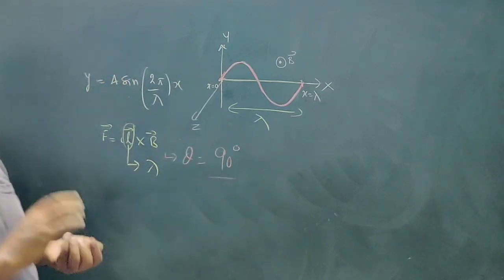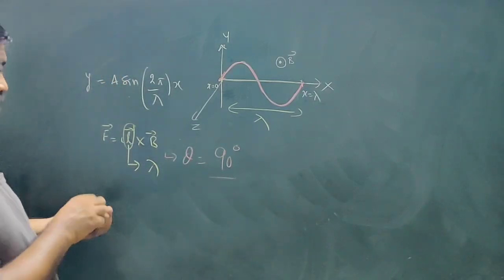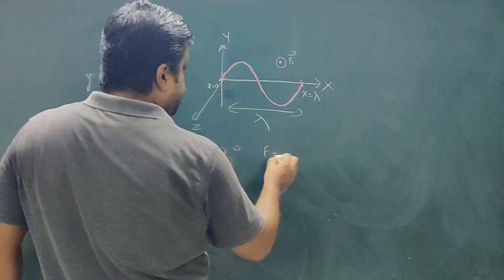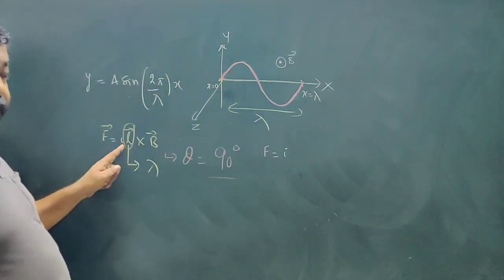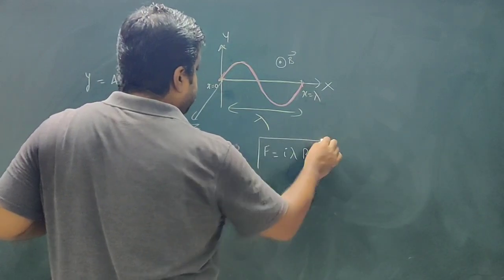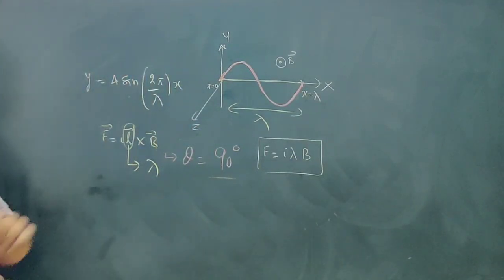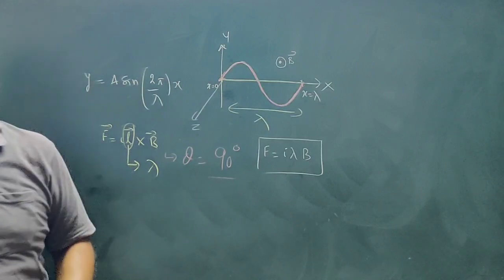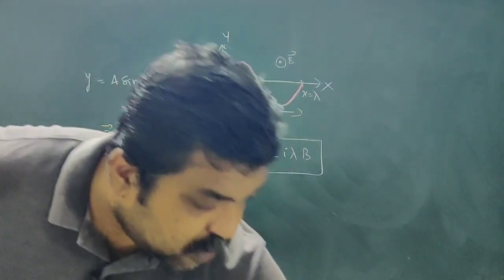That means the magnitude of the force is maximum. So the force will be I, L is lambda, into B. This is the force acting on this portion of the wire.